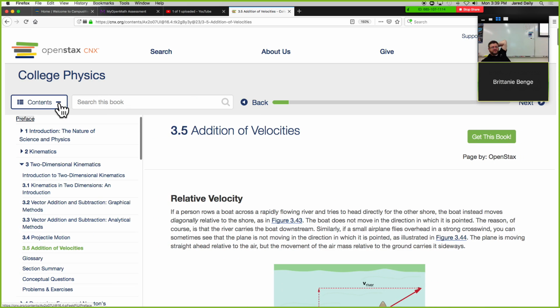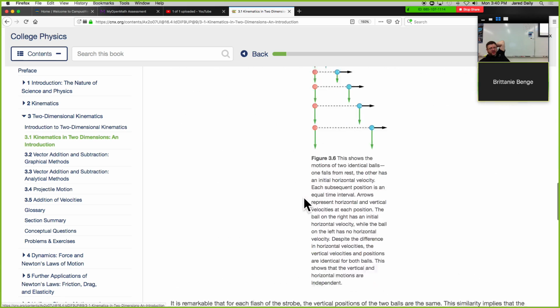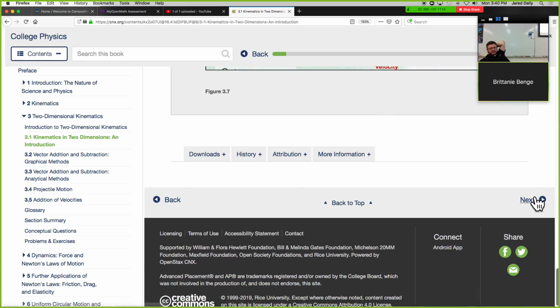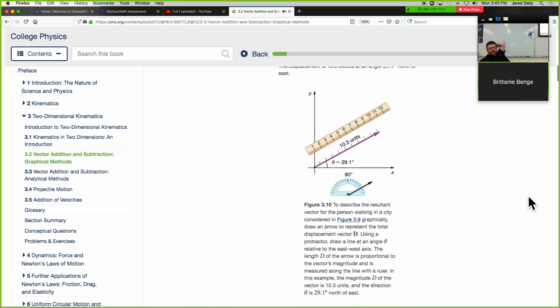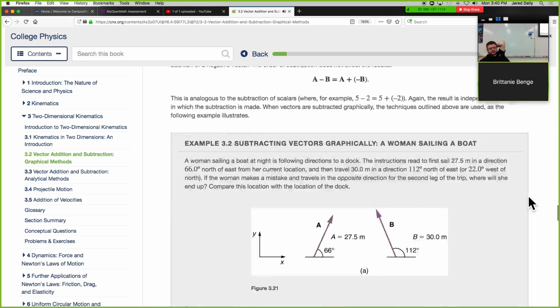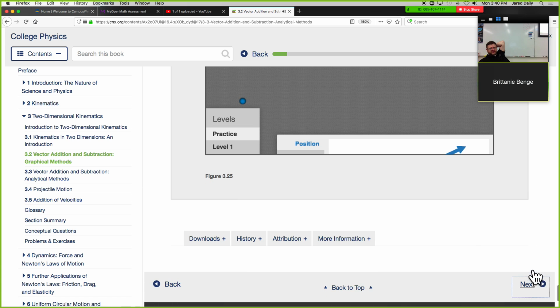Let's see here. We can either go to the beginning of chapter 3 or we can go back into chapter 2 for that. Either way. Where is it?